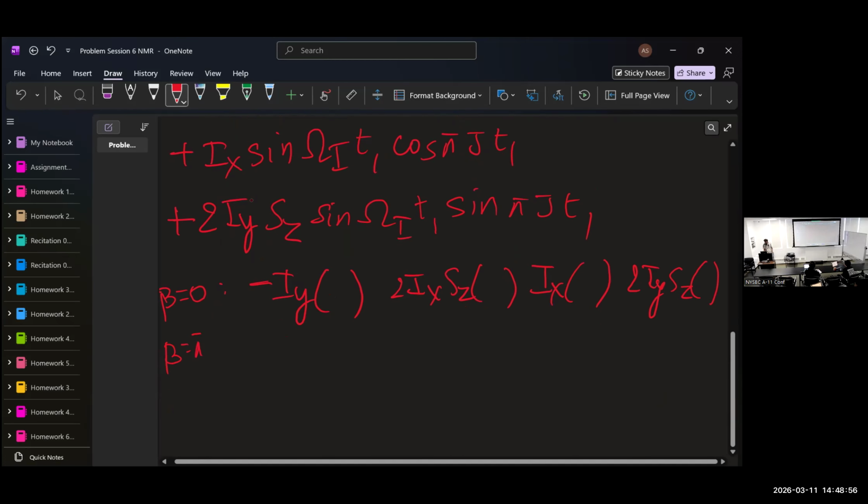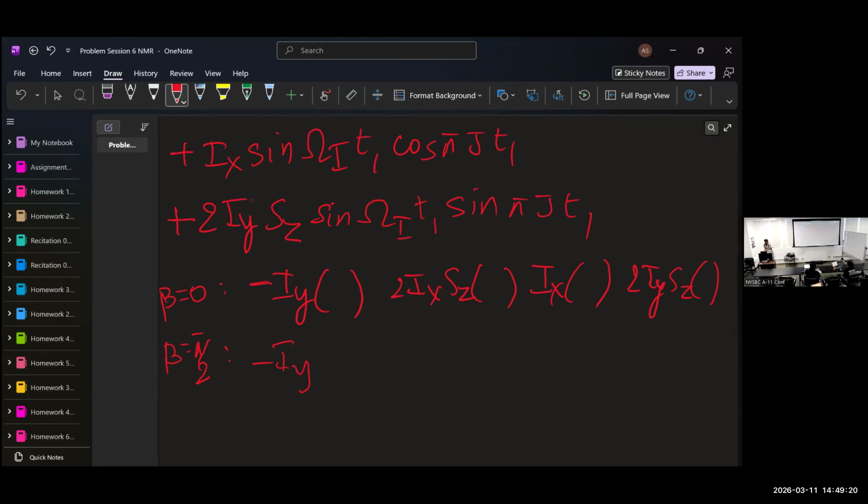What happens when beta equals pi over 2? Keep in mind that it's a y phase 90-degree pulse. What happens to each of these four terms when you do that?